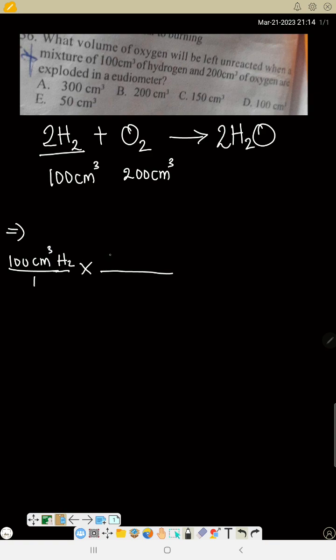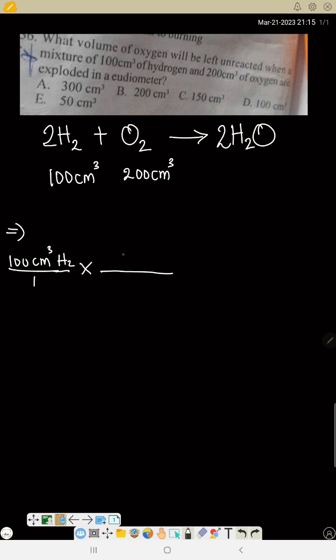I know that 1 mole of any substance is equal to 22400 centimeter cube of that substance. Now check from your chemical equation: 2 moles of hydrogen will give 1 mole of oxygen. So I can use that to switch my hydrogen and oxygen.